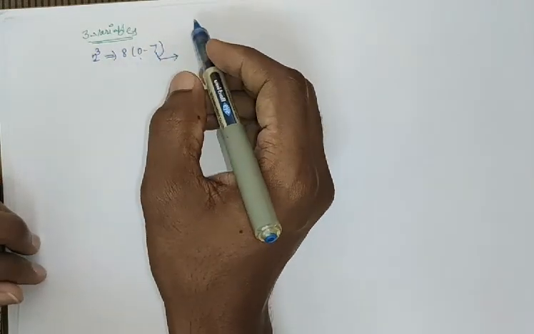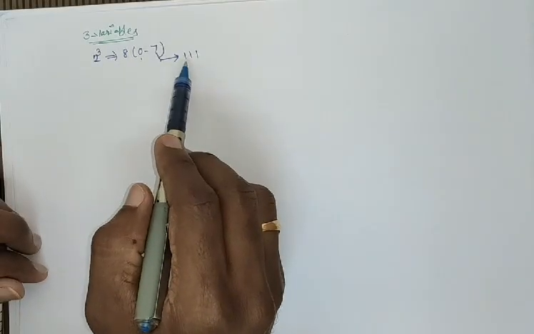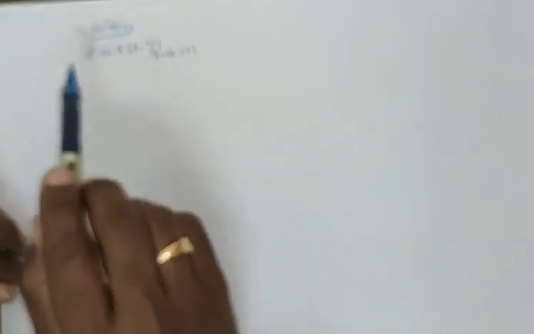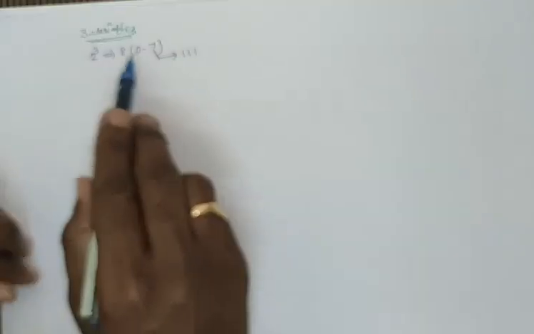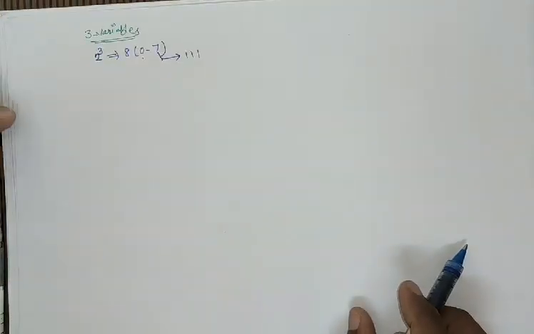So how 0 to 7 are placed in the K-map, that we'll discuss.